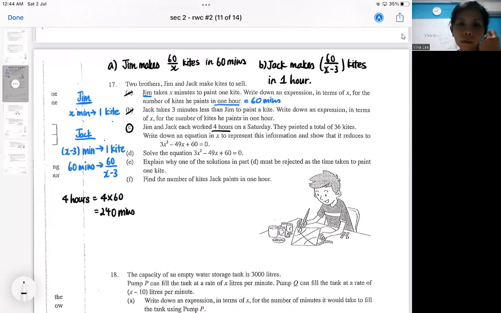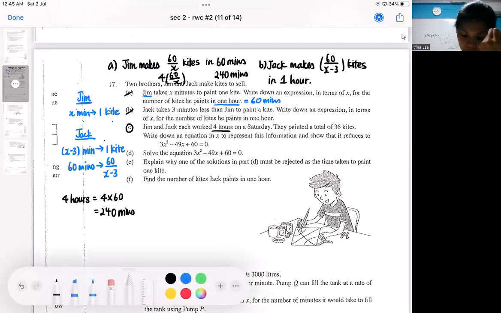So in 240 minutes, Jim will make 4 times the amount, and Jack will also make 4 times the quantity in 1 hour.